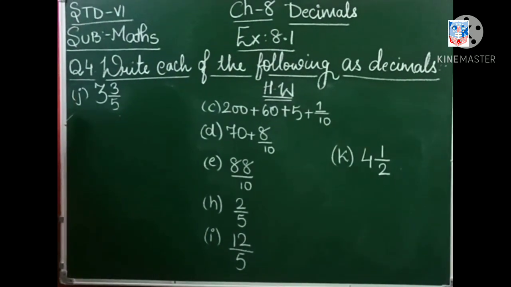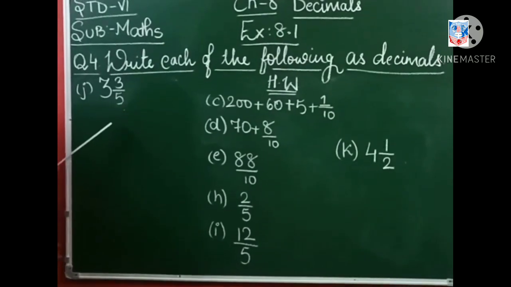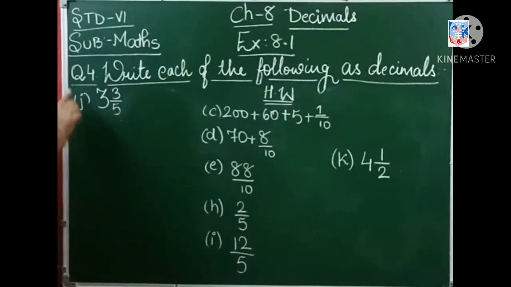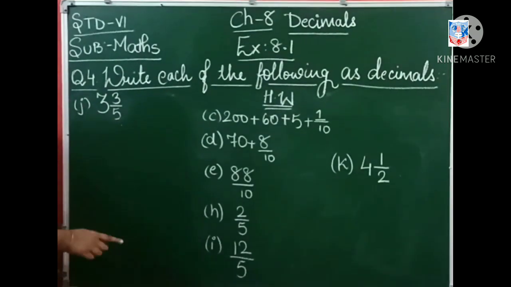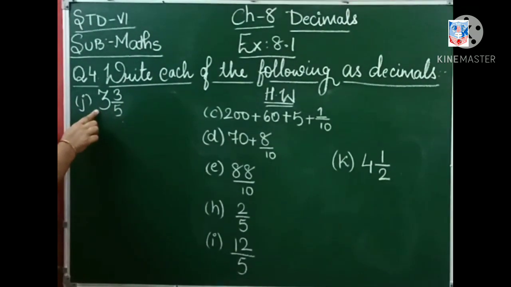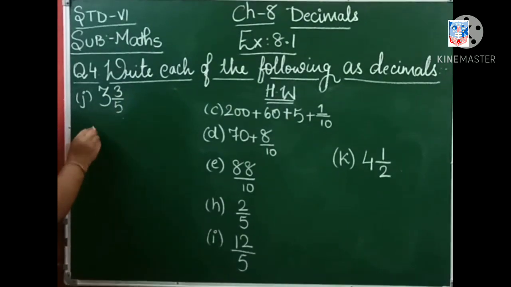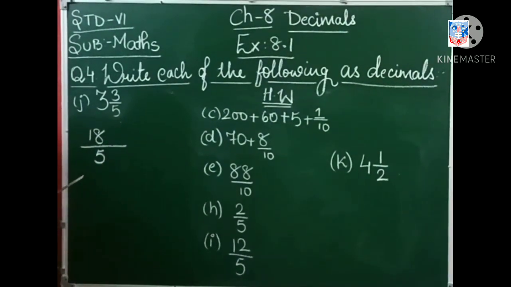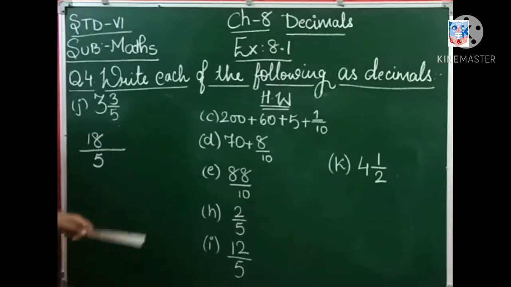Sum number J. 3 by 5. This is a mixed fraction. So first what you will do? We will convert this into improper fraction. 5 3s are 15. 15 plus 3, 18 by 5. Now what to do? Convert this 5 to 10.